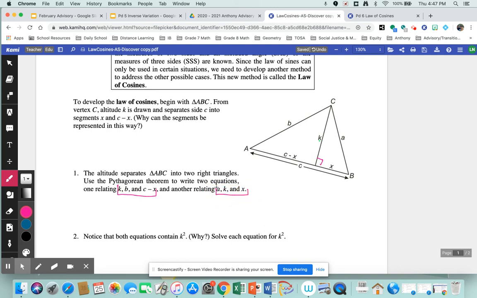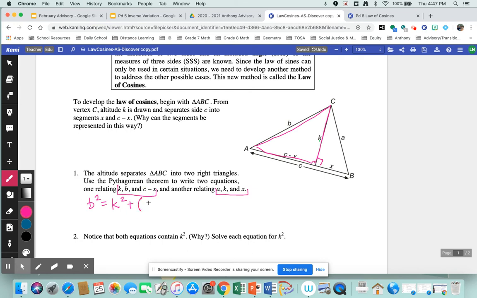So for my first one, we'll make this my pink triangle, and I'll do a different color for the other one. For this one, that means B is my hypotenuse. So I'm going to have B squared is equal to K squared plus, and now this C minus X, that's that length there from A over to the altitude.